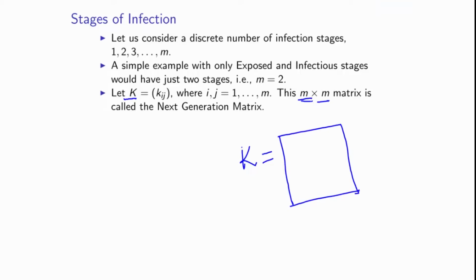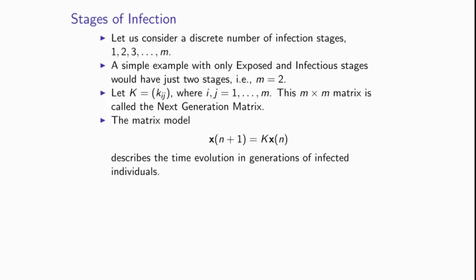Typically, you say that any entry here in this matrix, for example one entry here, you can say this is the i-th row and this is the j-th column, so you would say this entry in general is K sub i j. That's a very common way of describing entries of a matrix. And we call this matrix the next generation matrix. You'll see why in just a second.